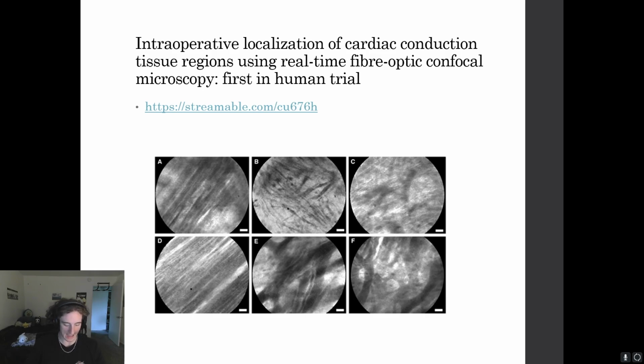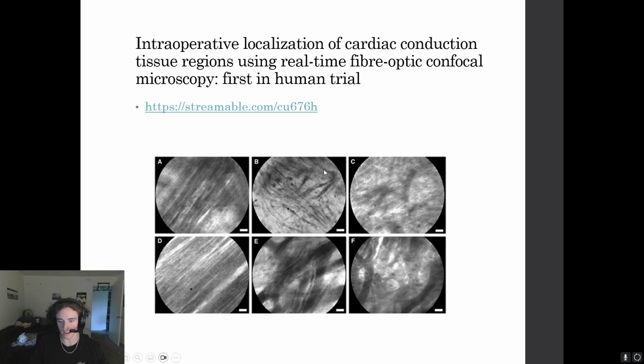So in A, it's going to be the working myocardium as we approach the SA node. And then B and C are going to be the SA node region. So what do we see? Well, we see that working myocardium is going to be very striated. We see those lines, those harsh lines. So we know that this is going to be the working myocardium of that atria.